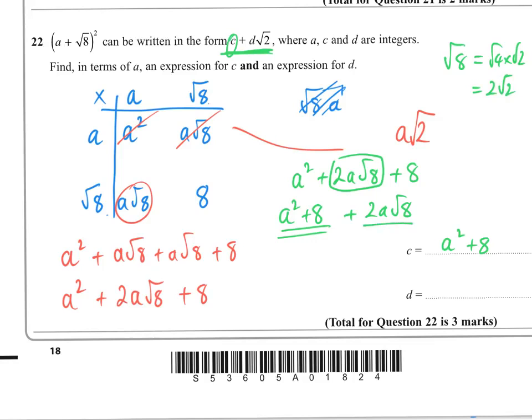So 2a root 8 would be 2a times 2 root 2, and 2 times 2 is 4, so that would be 4a root 2. So we want the value of d, so d must be 4a because it's d times root 2. So there we go. C is a squared plus 8 and d is 4a.